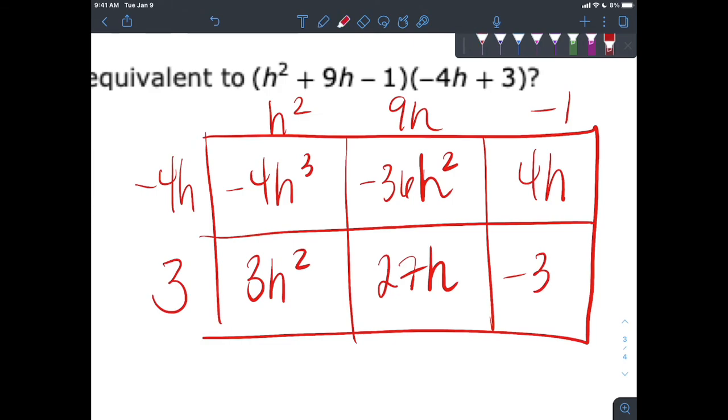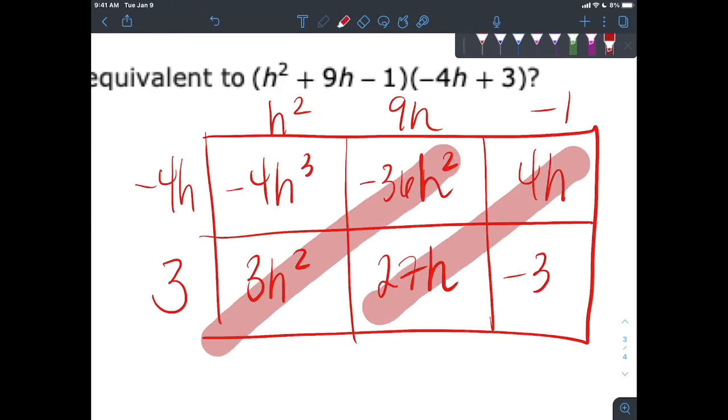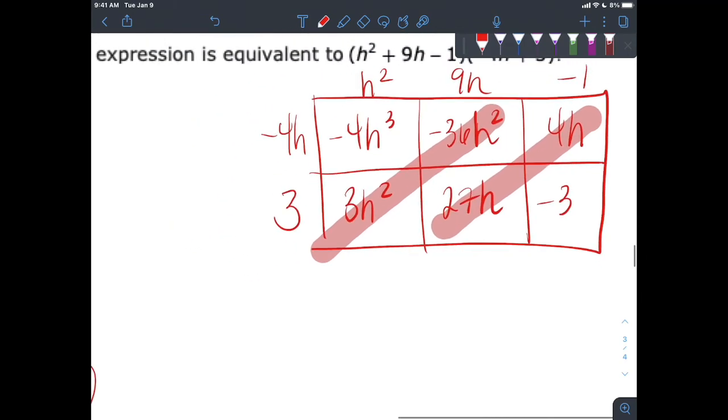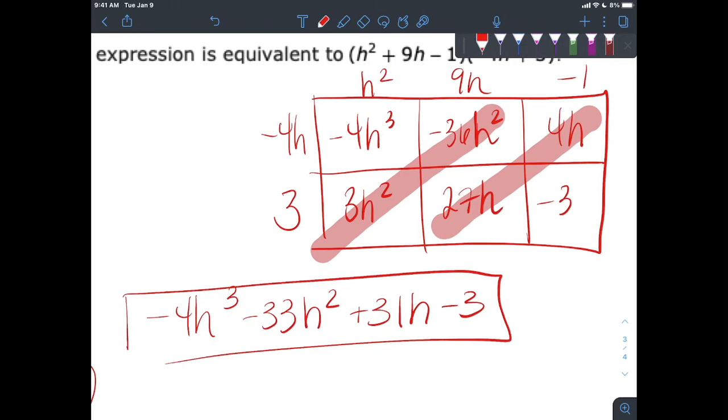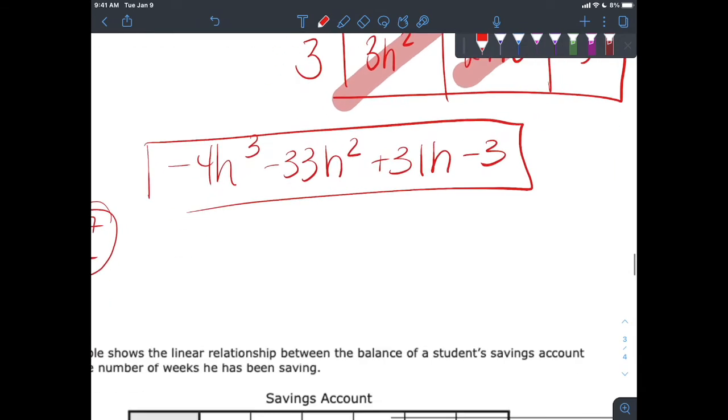Remembering that it's always diagonals that we'll need to combine. There's my simplified form. Next one.